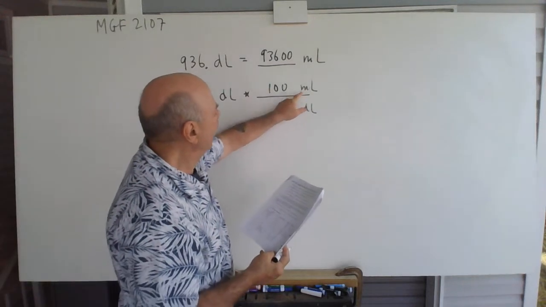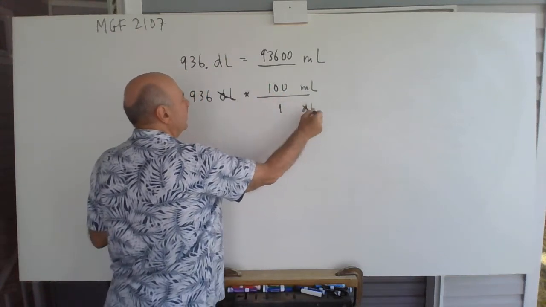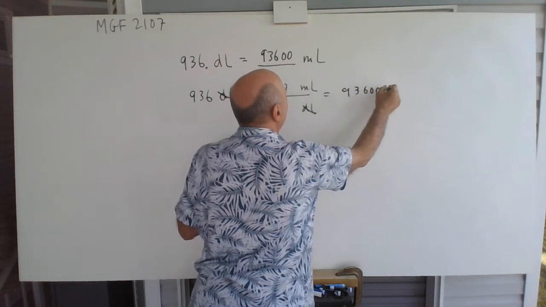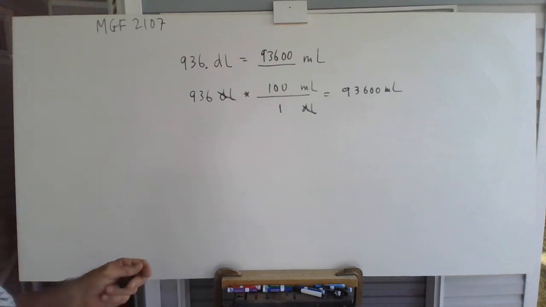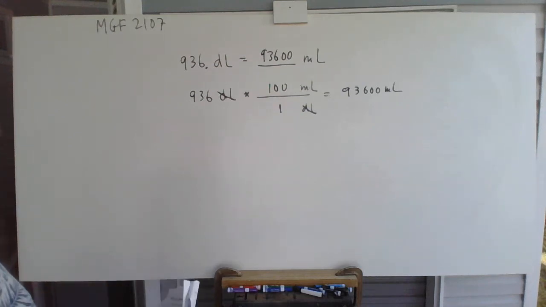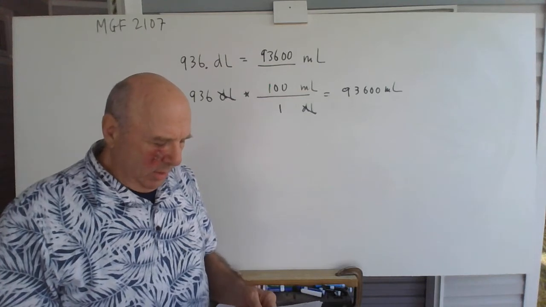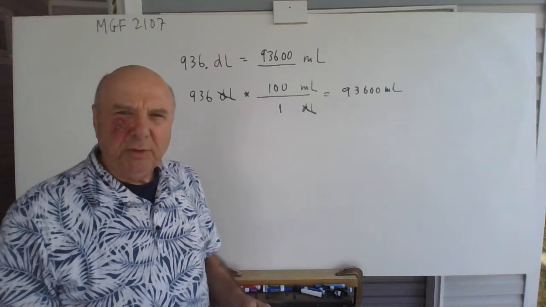See, to go from D to M, multiply by 100. So the deciliters cancel, and we get our 93,600 milliliters. Okay. So that's it for unit fractions.